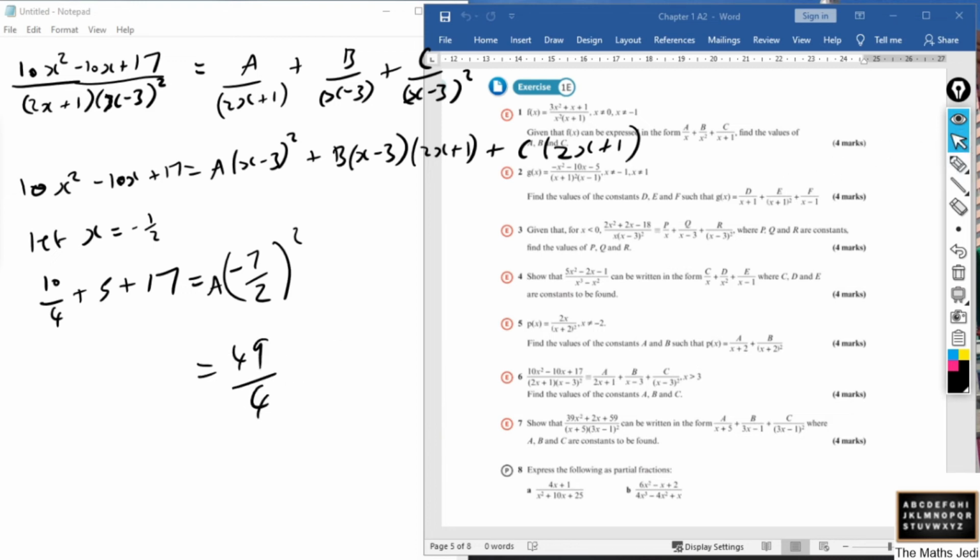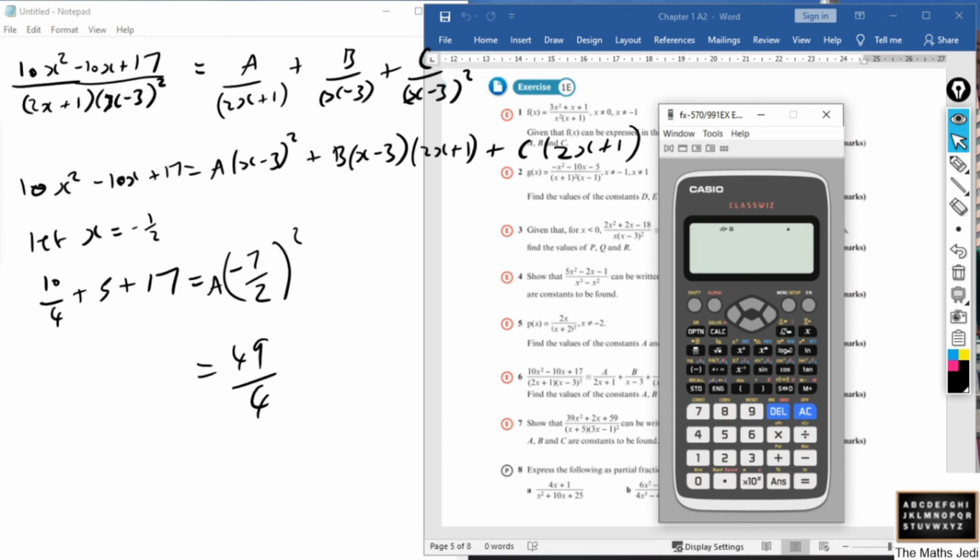And you could use a calculator to do this for you, so I'll put up the calculator real quick to make my life a bit easier. Here's the calculator. So we're going to use the fraction buttons. And then plus 5, and then plus 17, 49 over 2.